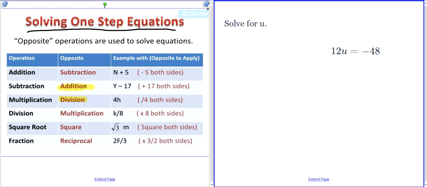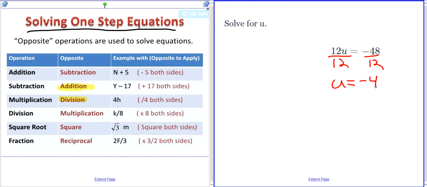With division, we're going to divide by 12. So you've got negative 48 divided by 12. What happens here: 12 divided by 12 is 1, and 1 times u is u. And negative 48 divided by 12 is negative 4.